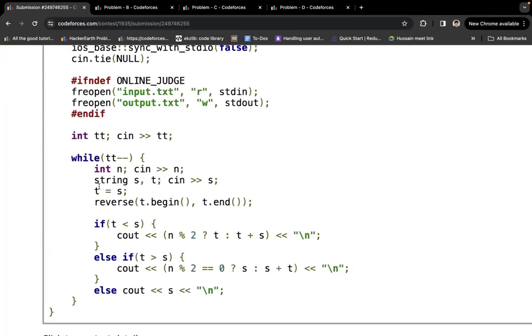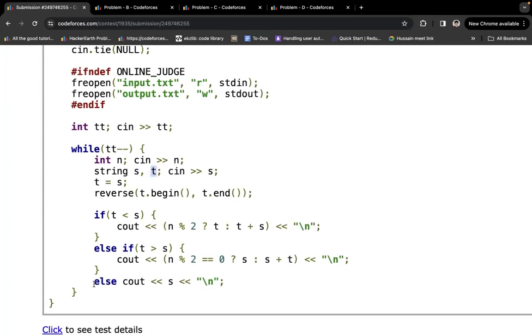But we are going to need two strings, S and T. If S is equal to T, or S is smaller than or equal to T, I'm going to print S itself.